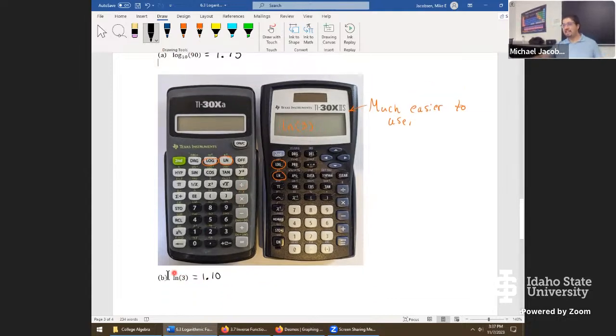Now this one's a little bit harder to actually check because it hid the actual base of the logarithm, but you could always think of it this way. Natural log of 3 is log to the base of e of 3. We said it's about 1.10.